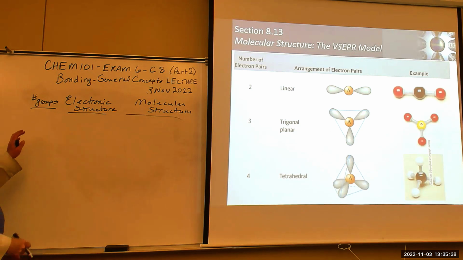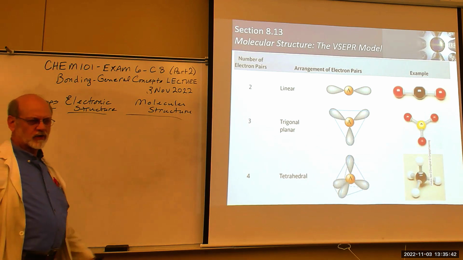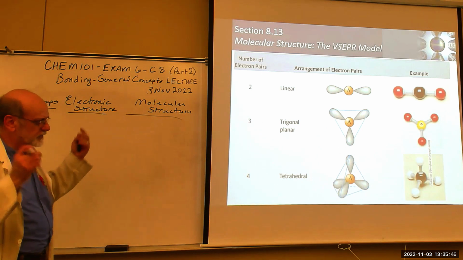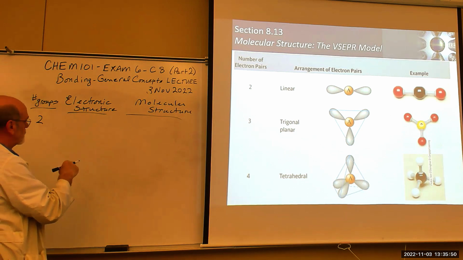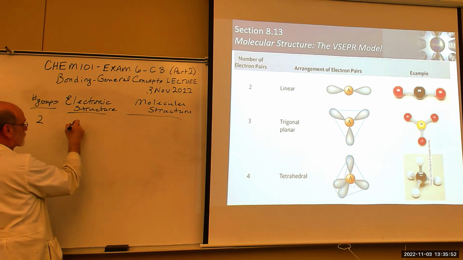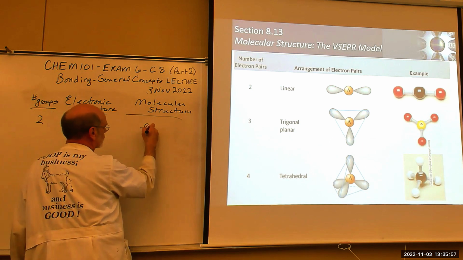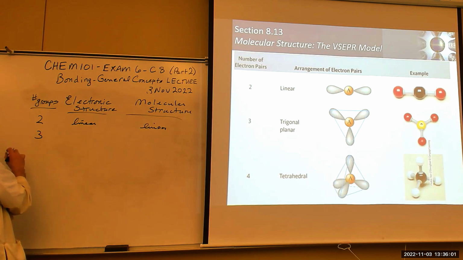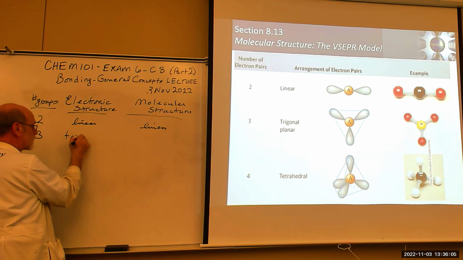One group just says it's linear because the bond is linear, so we don't need that one. If you have 2 groups, one on either side, then the electronic structure is linear. There's no other choice. If you have 3 groups, then the electronic structure is trigonal planar.